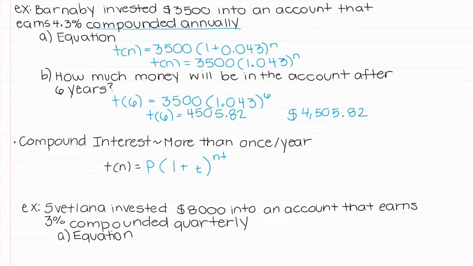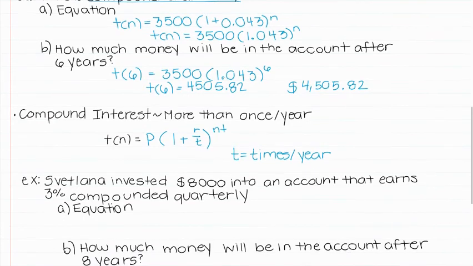Now we have another variable, which is T. T is how many times per year that it's compounded, and it will clearly tell you. And then again, we know that N is equal to time in years.